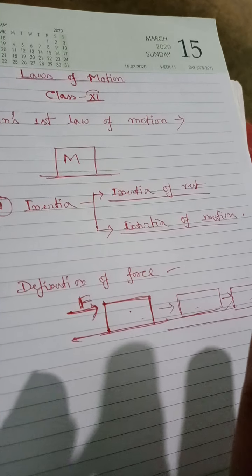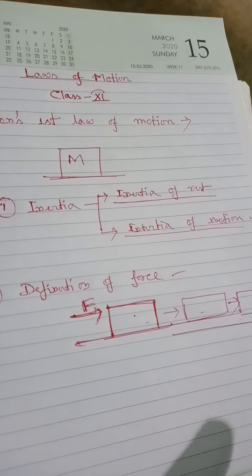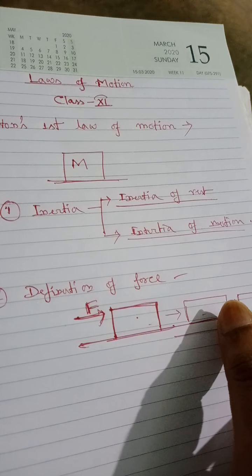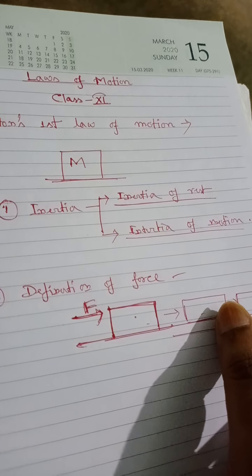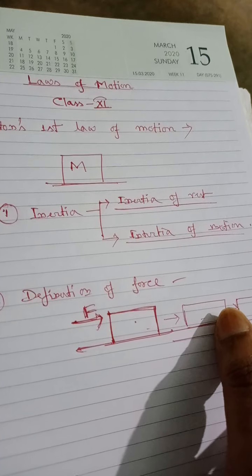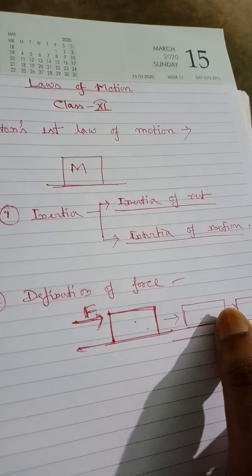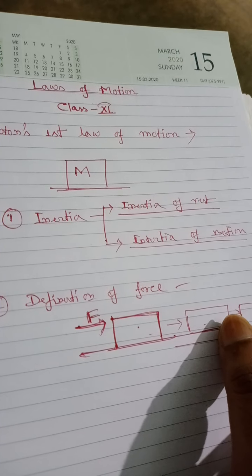बस के साथ कांटेक्ट में जो पोर्शन था पैसेंजर का, वो बस के साथ मोशन में चला गया. But the upper portion of the body जो रेस्ट में था, वो रेस्ट में ही रहना चाहता है. Why? Due to the inertia of rest.